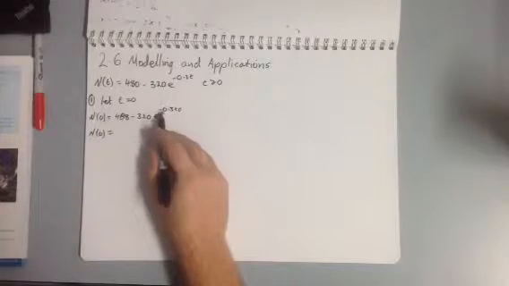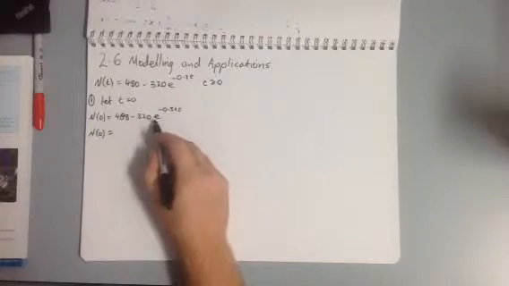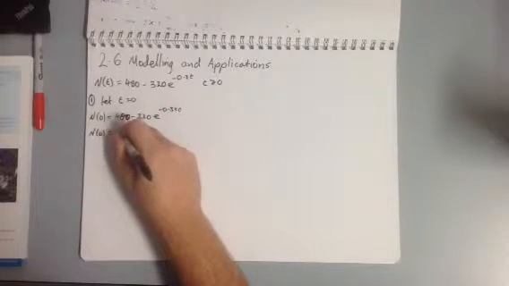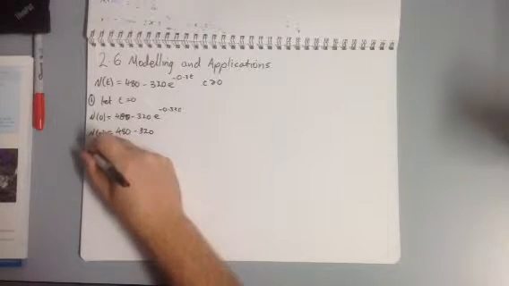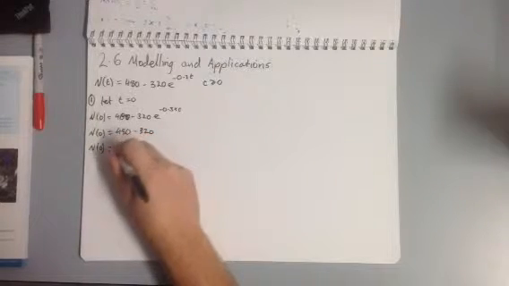Our negative 0.3 times 0 is 0, so e to the 0 is 1. So it's 480 minus 320, so our number of foxes initially is 160.